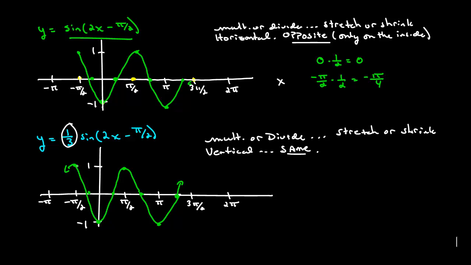So for example, this guy that was at a height of 1 is now down here at a height of 1/3. Let's draw it in blue. This guy that was at a height of 0, it's still at a height of 0. This guy that was at a height of -1 is now at a height of -1/3. Still at a height of 0, at a height of 1/3.